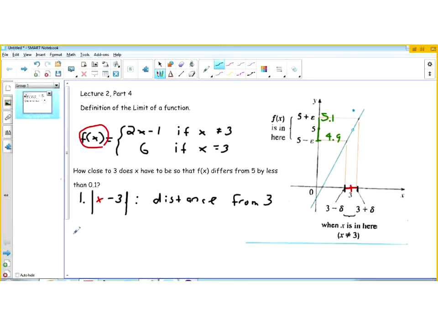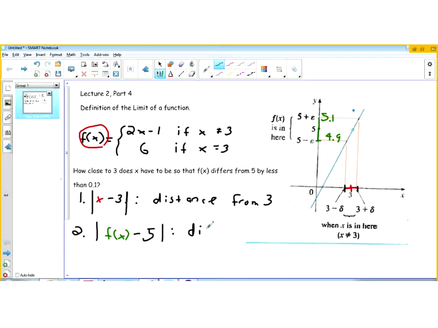Now by the same token, okay, f of x minus 5. Okay, so the absolute value of f of x minus 5, well, that is the distance from f of x.